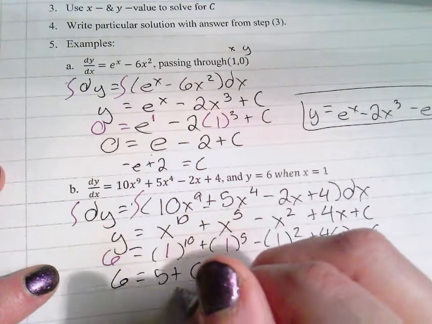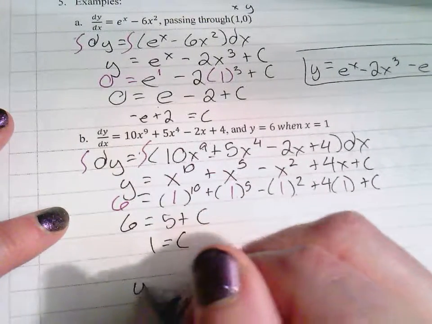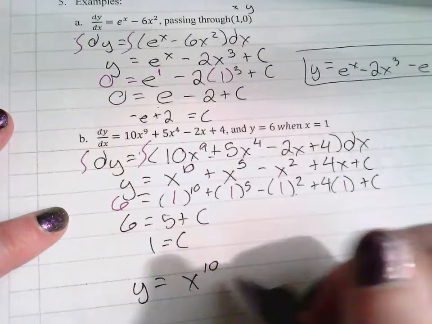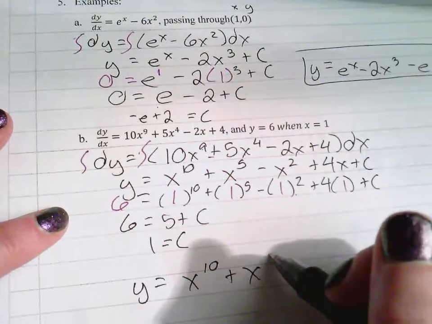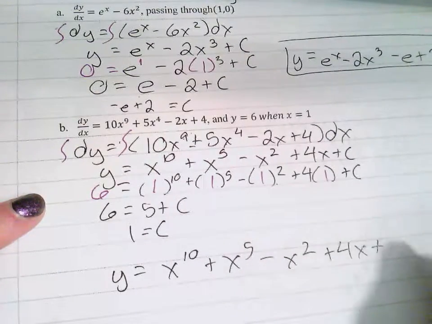Subtract 5, c equals 1. So your final solution, or your particular solution, is y equals x to the 10th plus x to the 5th minus x squared plus 4x plus 1.